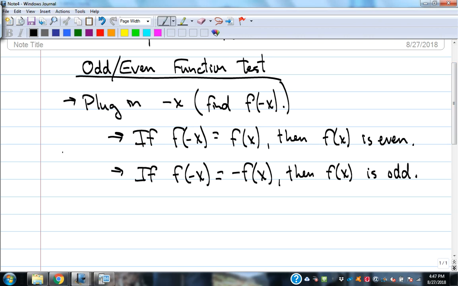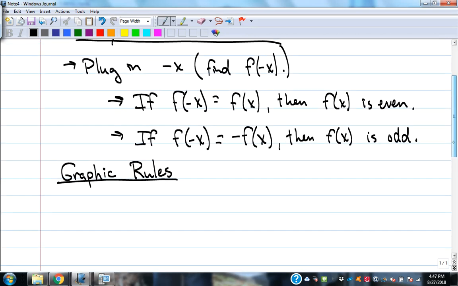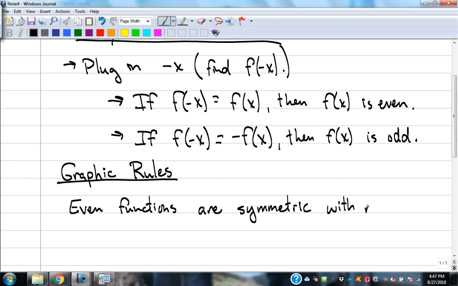Graphically, so we're going to do some tests with this, but with a graph, the graphic rules, which are a little more difficult to see than the algebraic rules. Even functions are symmetric with respect to the y-axis.